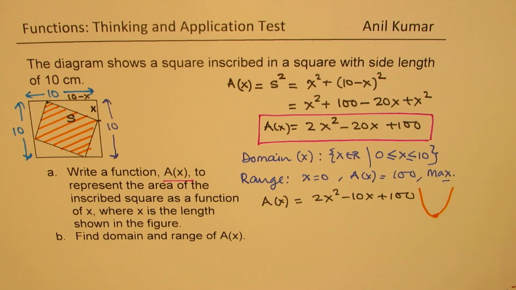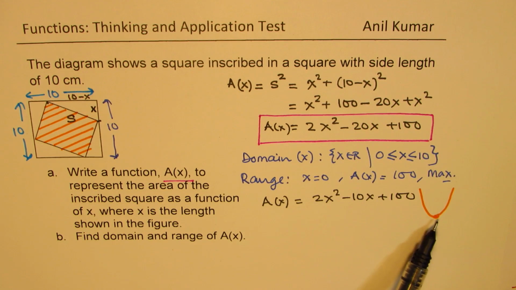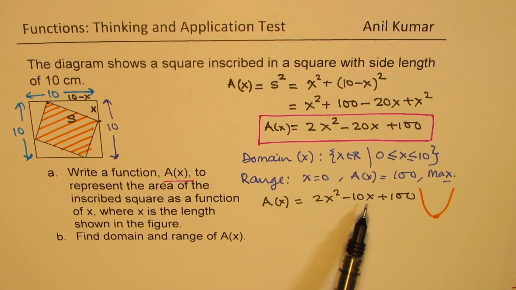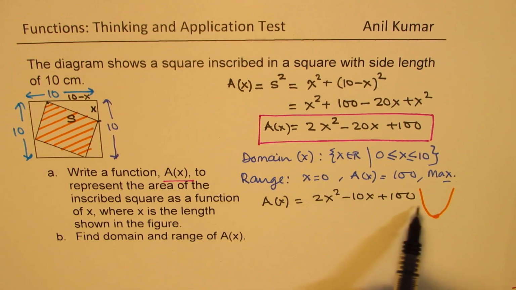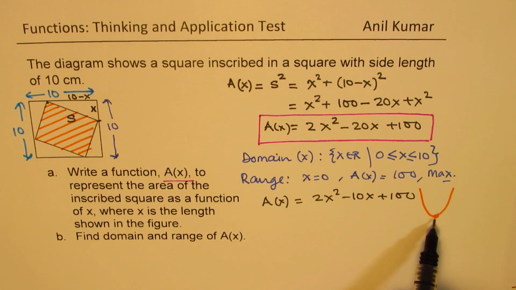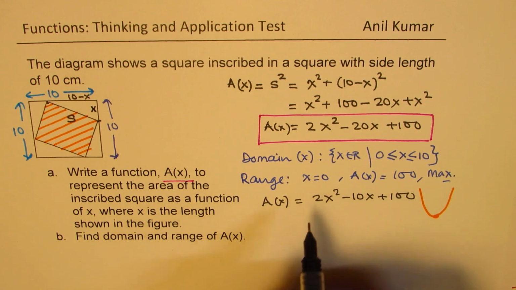Since it opens upward, we do have a minimum. So that vertex is the minimum. So you could find the vertex by using many different formulas. One of the methods is, of course, completing the square, right? So let's complete the square to find this particular point where you have the minimum area, maximum being 100, right?